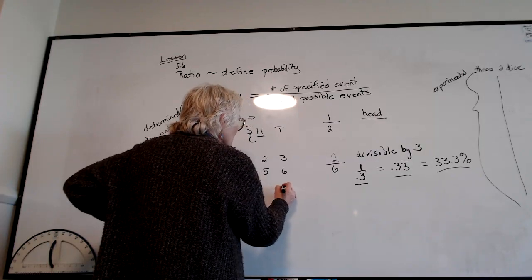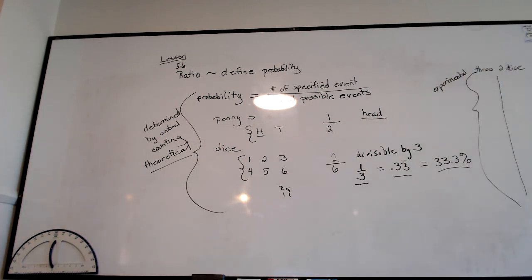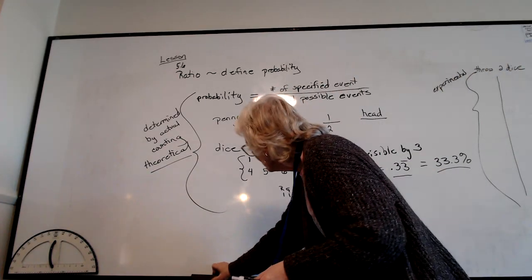Let's say it's a red and a green die. You have to think of them as being different, because 1 and 1 is not just the same thing. Each die has the possibility of being a 1. So these are the different outcomes if I throw 2 dice.